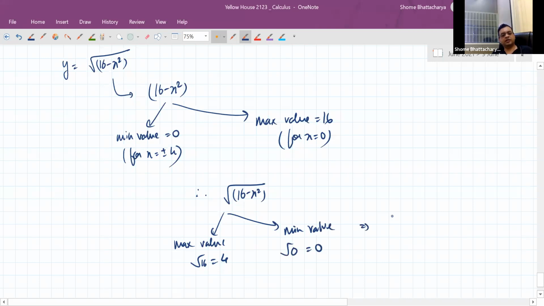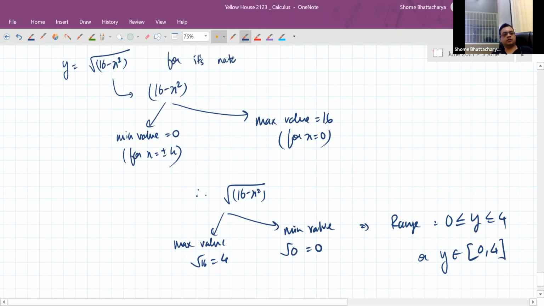That shows that y cannot be less than 0 and cannot exceed 4, or that y belongs to the closed interval 0 to 4, shown with box brackets. So this is the range for its natural domain.